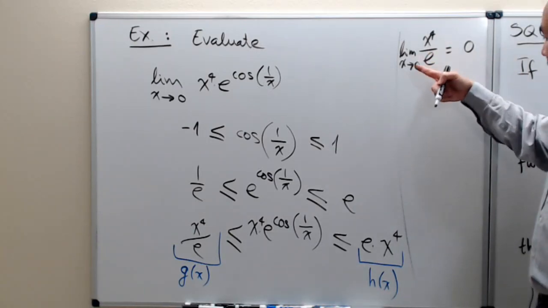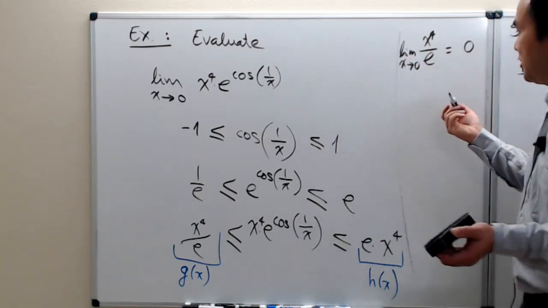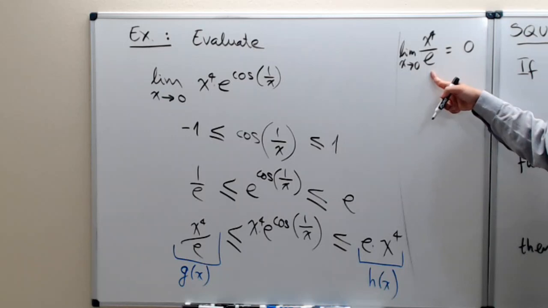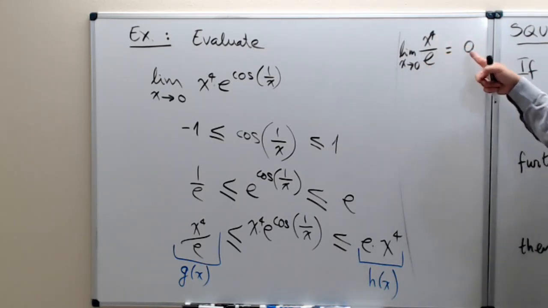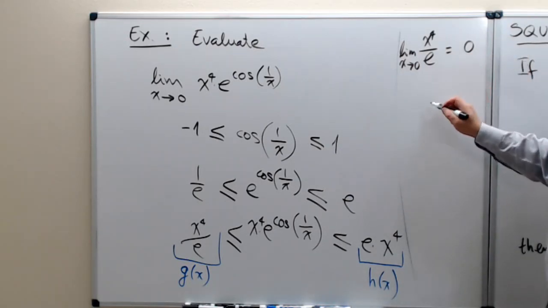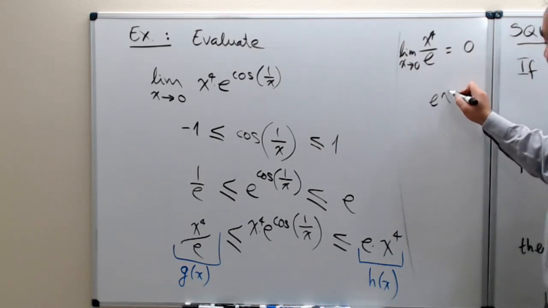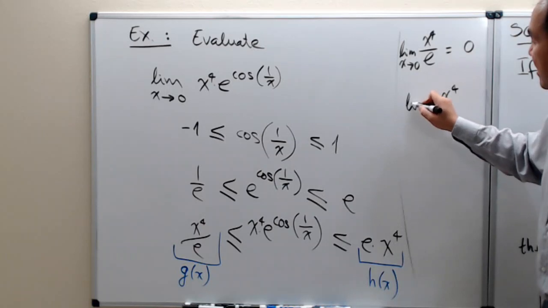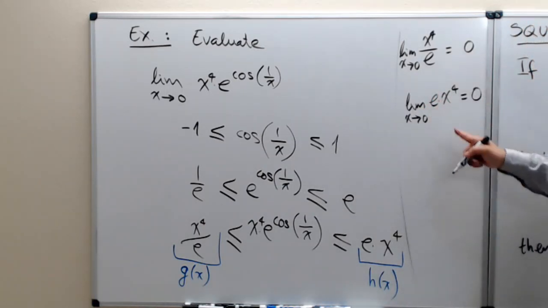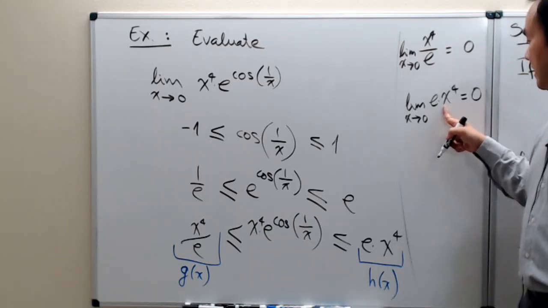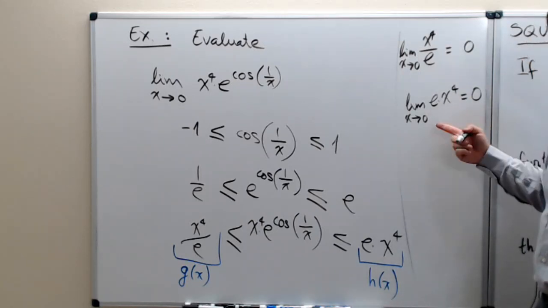The basic limit laws allow us to do this just fine. Notice e in the denominator here is only a constant, so limit laws allow you to get to that 0. And e times x to the 4th power, when you take limits as x gets close to 0, you're also going to get 0 simply by applying the basic limit laws.